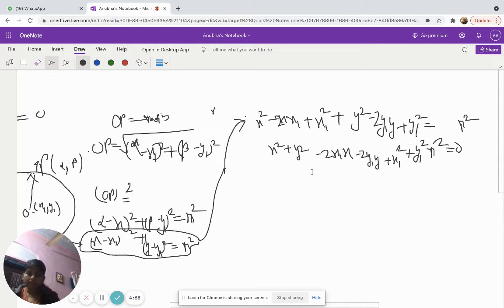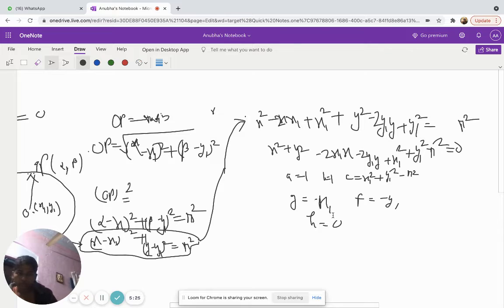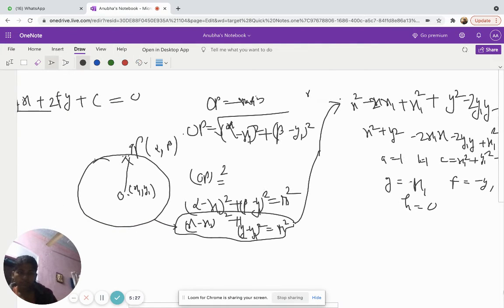So what is a here? Let's write what are a, b, c. A equal to 1, B equal to 1, C equal to x1 square plus y1 square minus r square, and G equal to minus x1, and F equal to minus y1, and H equal to 0.